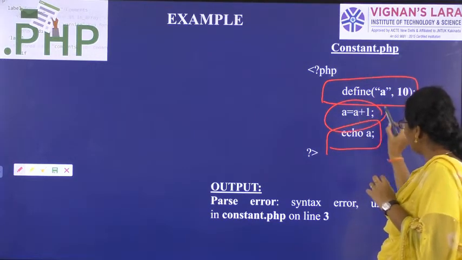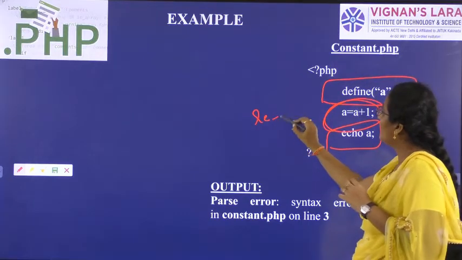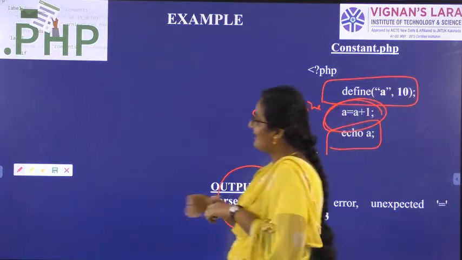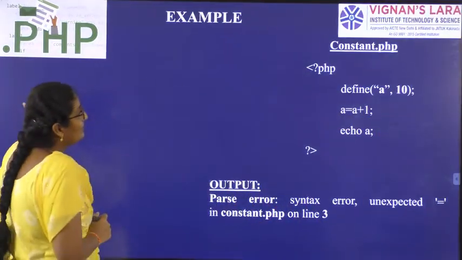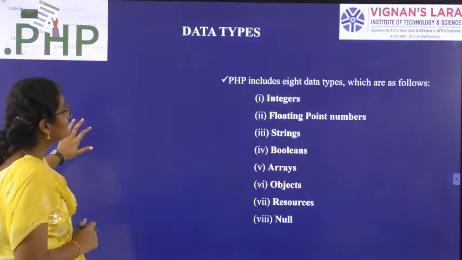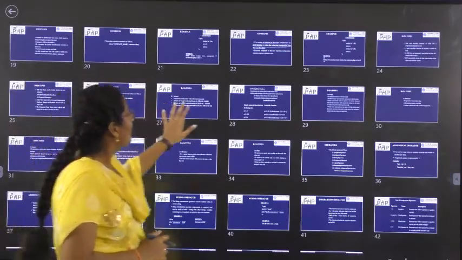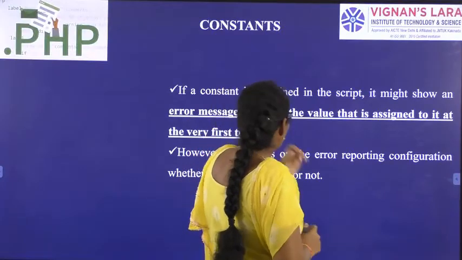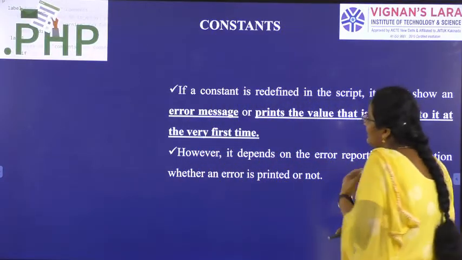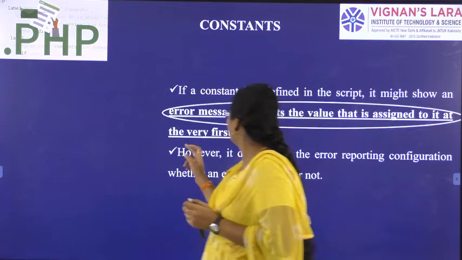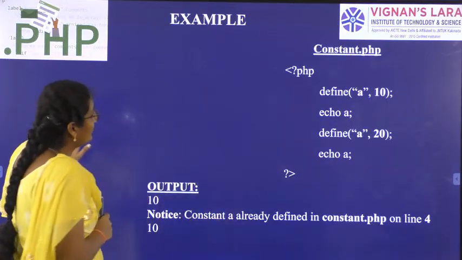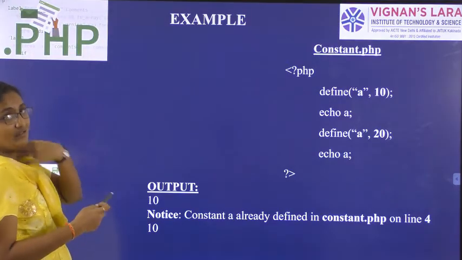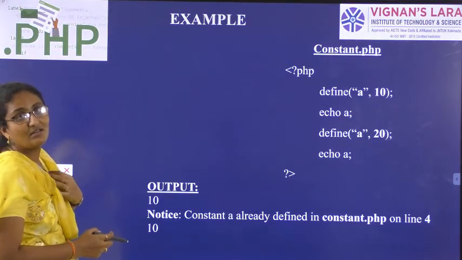Meanwhile, if you do such things like redefine of constants, then you will get the parse error. So let us see. You have redefined the constant, that's why you got the error message. So the example for constant, if you want to get the value 10, then the example for the constant.